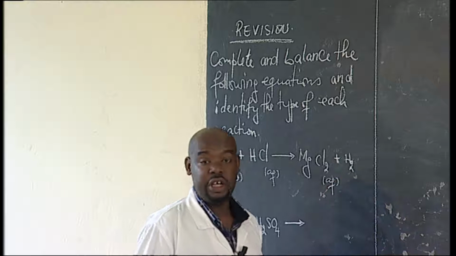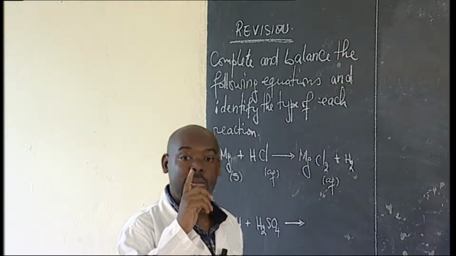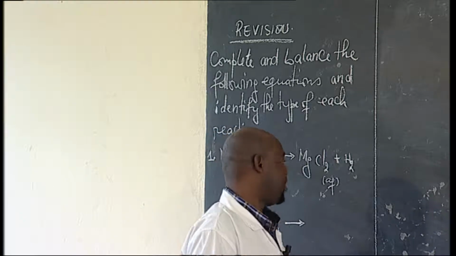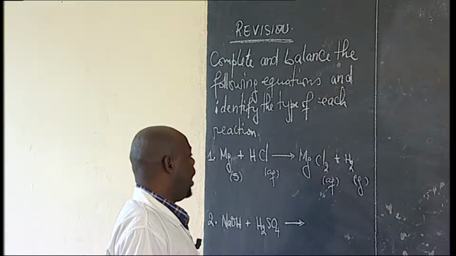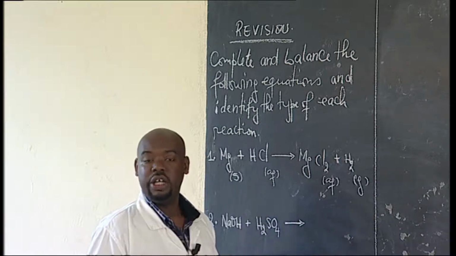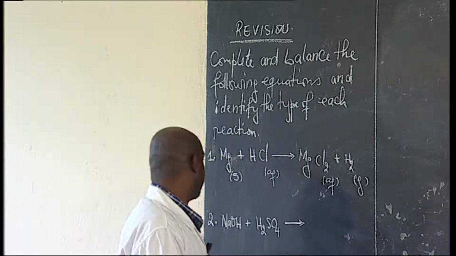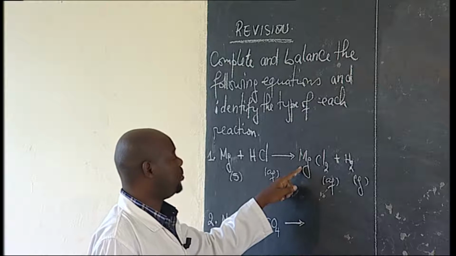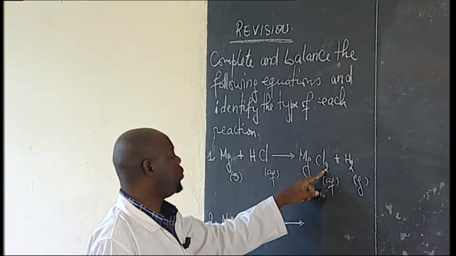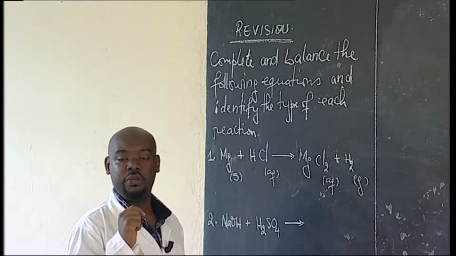And hydrogen is a diatomic element which is present in gaseous state. Good. And is our equation balanced? Let's have a look. We have one magnesium atom, and here we have one magnesium. For chlorine, here we have 2 chlorine, but in the reactant side, we have 1 chlorine.